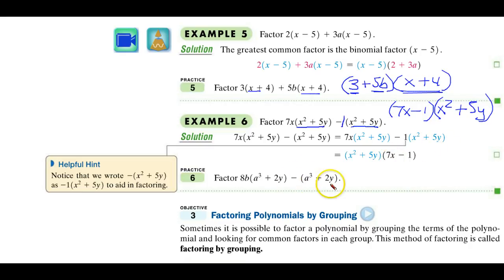Again, if you see something like this, just put a 1 there, and then these are common factors. That's going to lead us to objective 3, which is factoring by grouping.